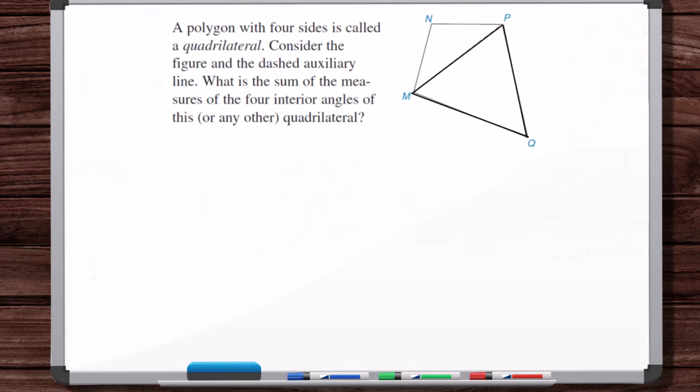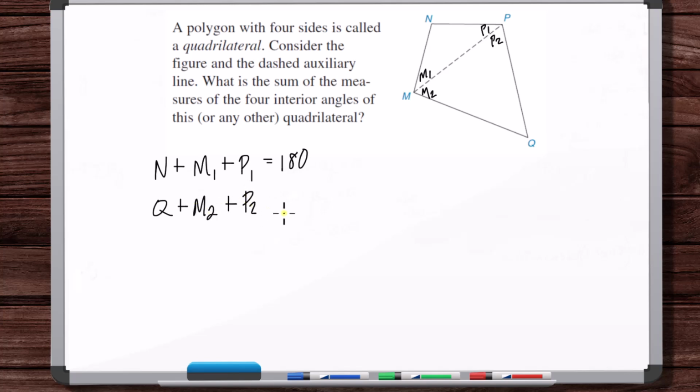So what we could do is we could say, let's see, this is M1, this is M2, this is P1, this is P2. Okay, so we know that N plus M1 plus P1 is equal to 180. Then we know that Q plus M2 plus P2 is equal to 180.